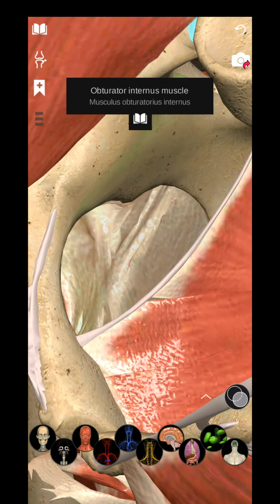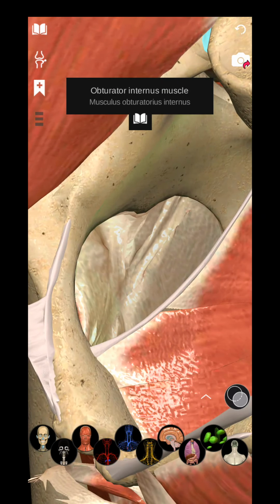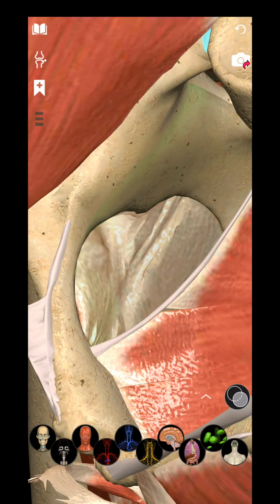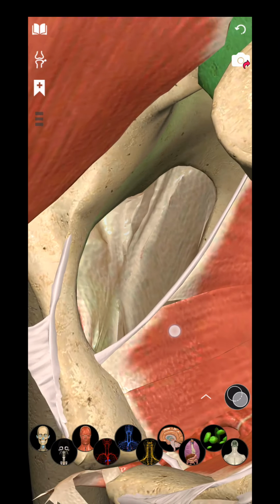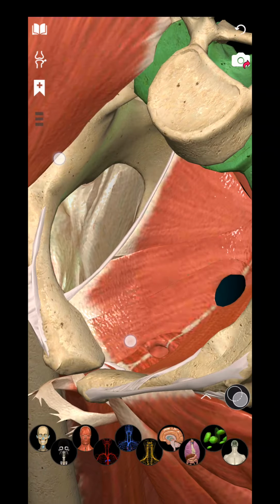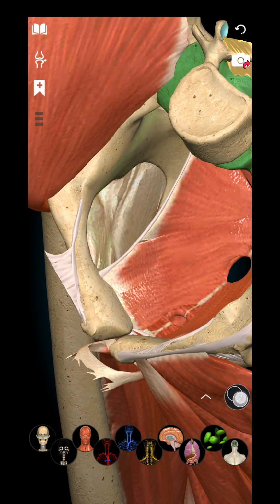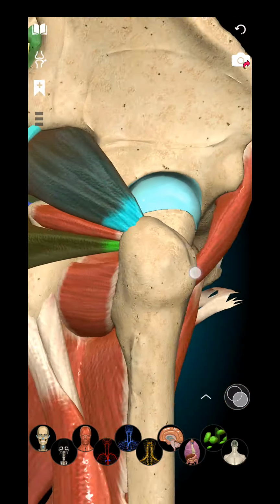Although the app is calling it obturator internus because I have not deleted the muscle, it is almost 100% transparent, but the shiny area closing the obturator foramen is the obturator membrane. So obturator internus takes origin from the inner aspect of obturator membrane. Let us make it opaque again, and then it exits via which foramen?